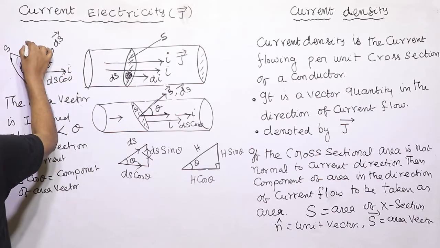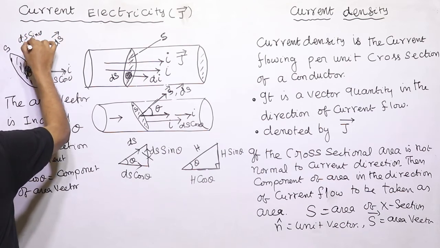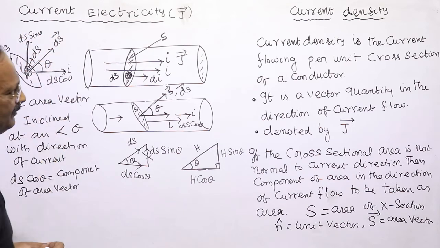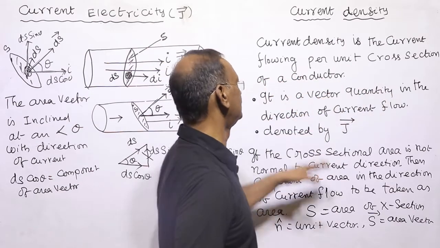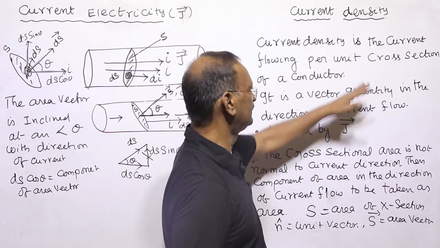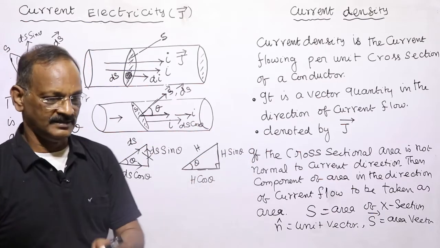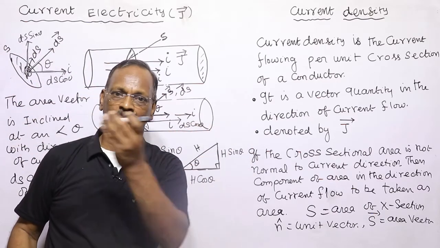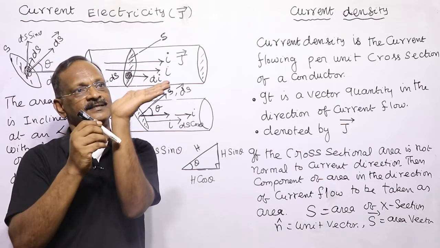The other one is ds sin theta, which we don't need. Why? Because by definition, current density is the current flowing per unit cross section of the conductor. It is a vector quantity in the direction of current flow. So the area component should be along the current, that is ds cos theta, not ds sin theta.